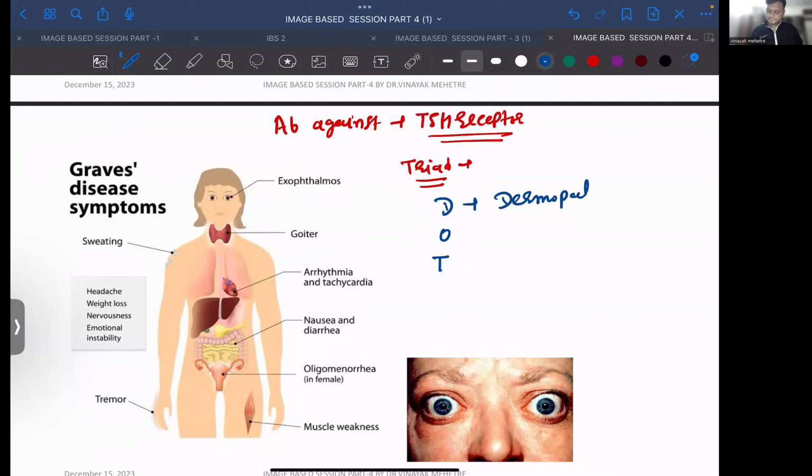Dermopathy, ophthalmopathy, and yes, it is thyrotoxicosis. Okay, thyrotoxicosis. Best hint in exam hall, remember this.